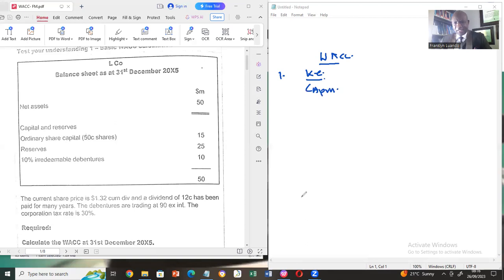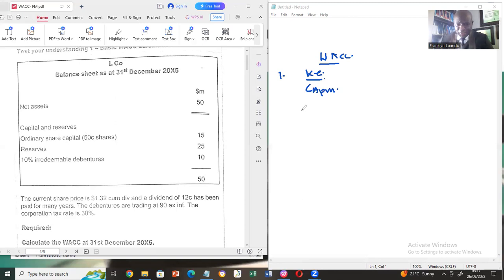CAPM simply means capital asset pricing model. The ordinary share capital, which we call equity, is a capital asset, hence capital asset. The method used to calculate the cost of equity is referred to as a pricing model.